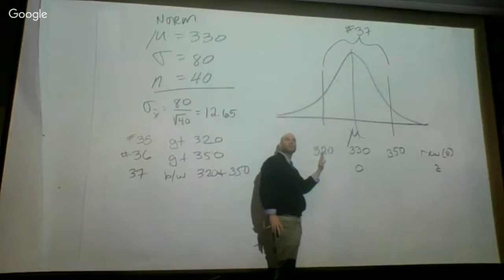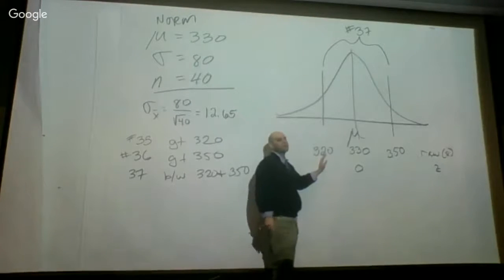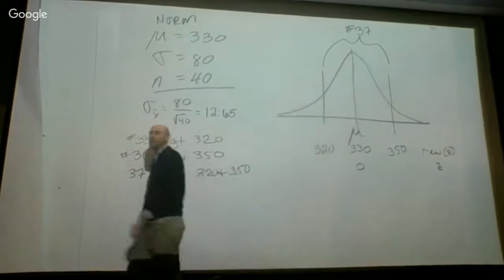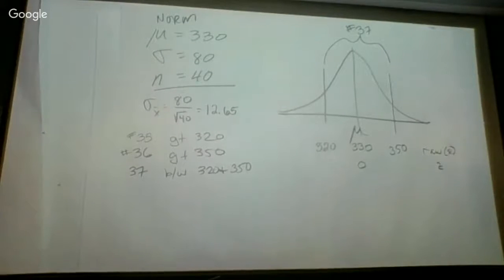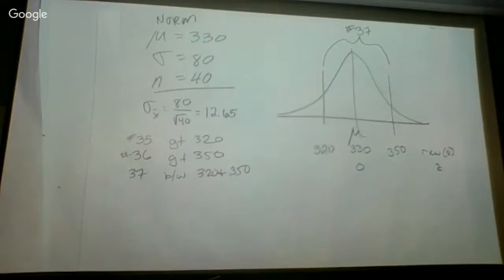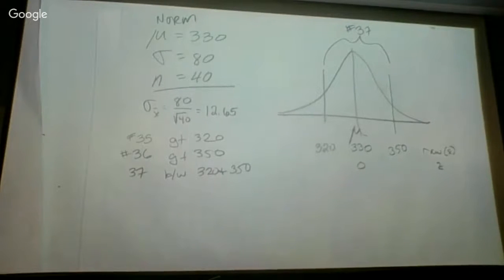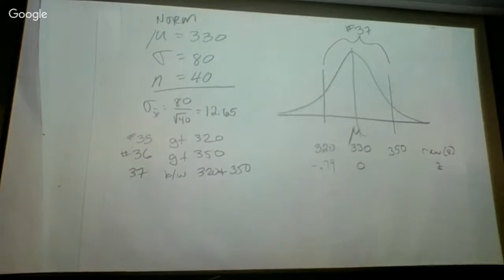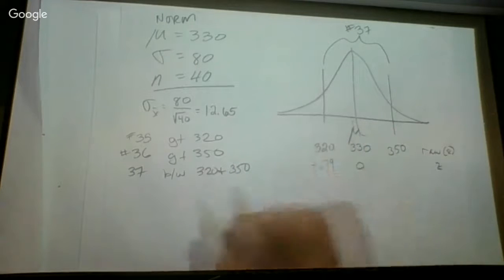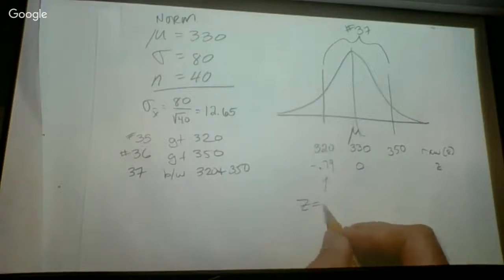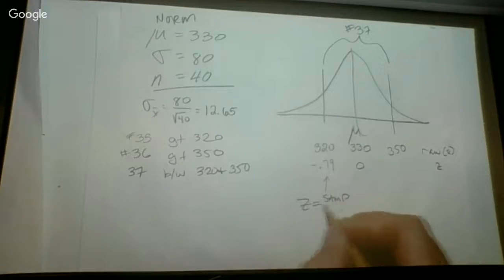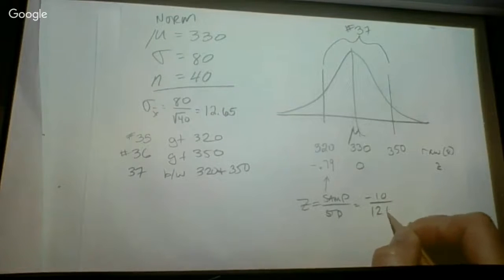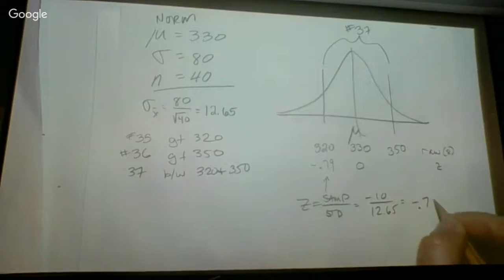Once I find out this z-score, what is it? 0.79? Negative. We get there by saying this z-score is the sampling error divided by the standard error, which is negative 10 divided by 12.65, which is negative 0.79.